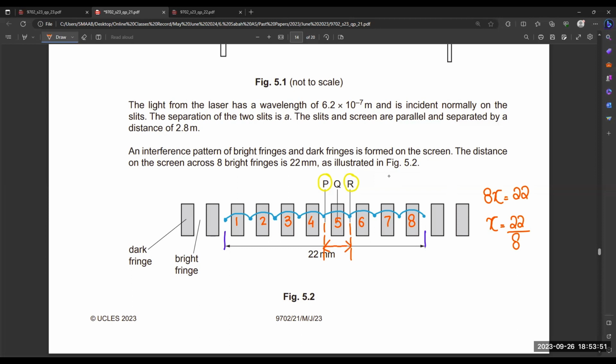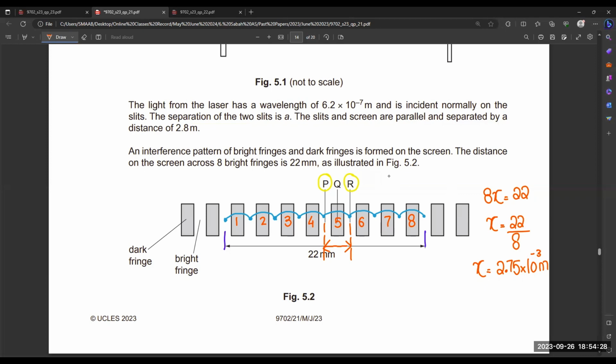So 22 divided by 8, what will be the answer? 22 divided by 8 is gonna give you 2.75, times 10 to the power of minus 3 meter, because values are given in millimeter. So minus 3 for the milli, and 2.75 exponent minus 3 gives you the value in meters. And this will be the value of X, right?